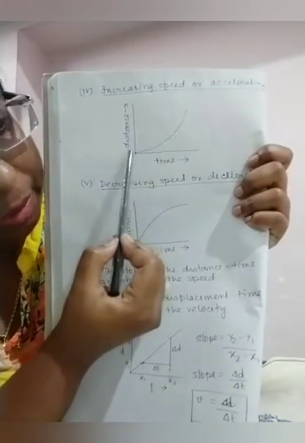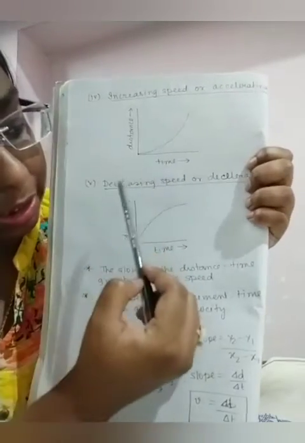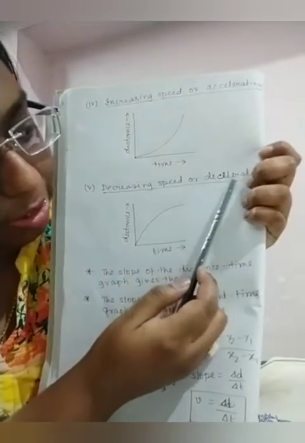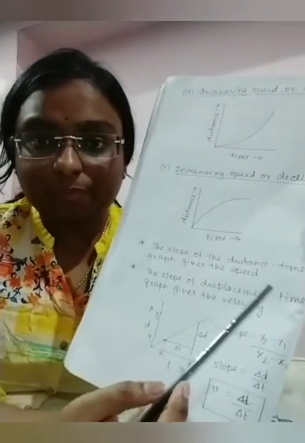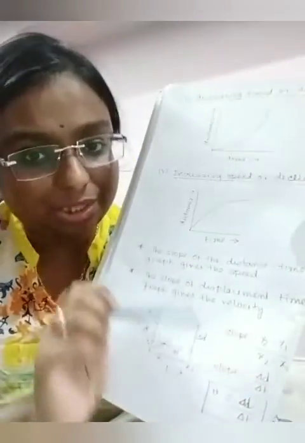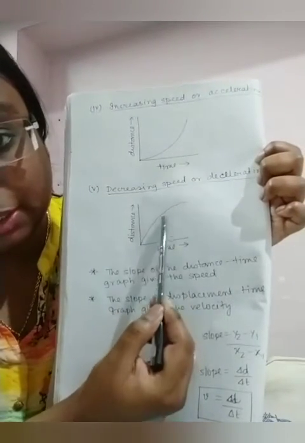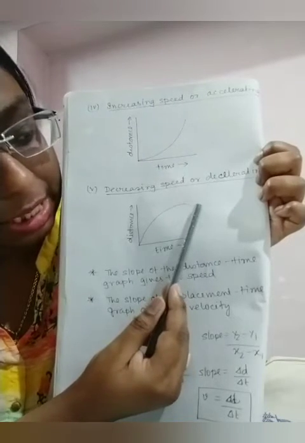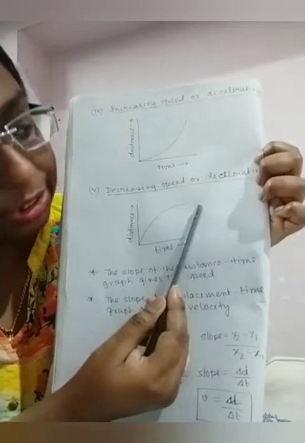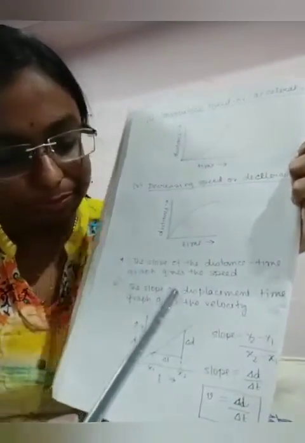So the distance time graph will be a curved line upward for increasing speed, and for decreasing speed or decelerating body, or you can say a retarding body, both are same, the graph will be a downward curve. See, the curve here is downward. Any downward curve means the body is in deceleration or retardation, and upward curve means the body is in acceleration.